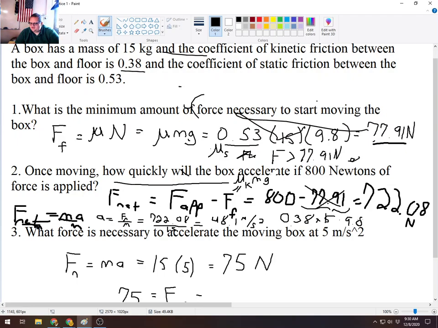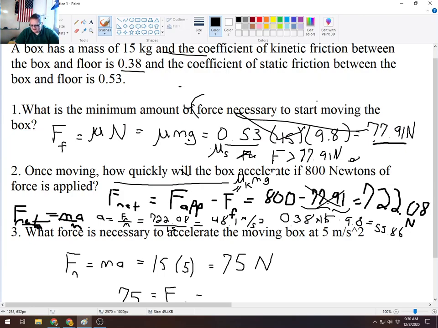And again, I'm sorry you can't read this, but 0.38 times 15 times 9.8. You just got to listen, I guess. 55.86. So that's what this should be instead, 55.86. So notice it's less friction, which is what we would expect.